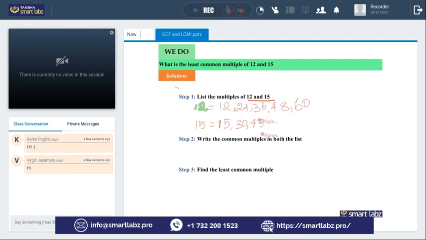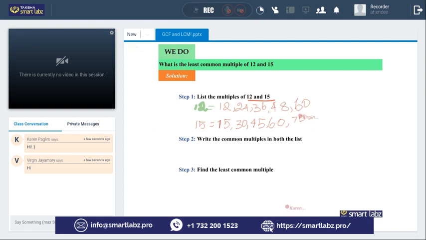Like I said, we're not in a rush. 15 times 4 is 60. Very good. 15 times 5 is 75.